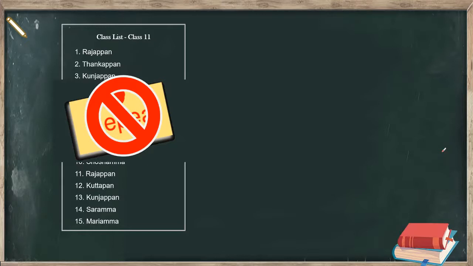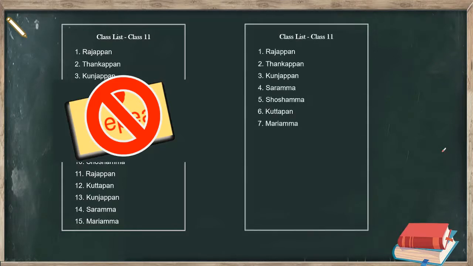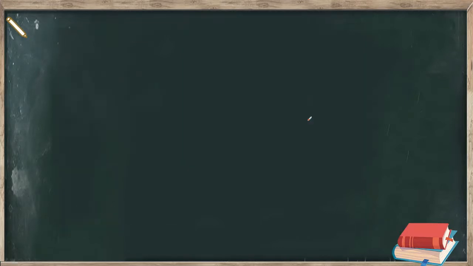Repetition will make it lose its uniqueness. So when I make the class list in this example, it would be: Rajapan, Tangapan, Kunyapan, Sarama, Shoshama, Kuttapan, Mariama. Seven names. See, instead of 15, now it is 7, because I excluded all the repeating ones.